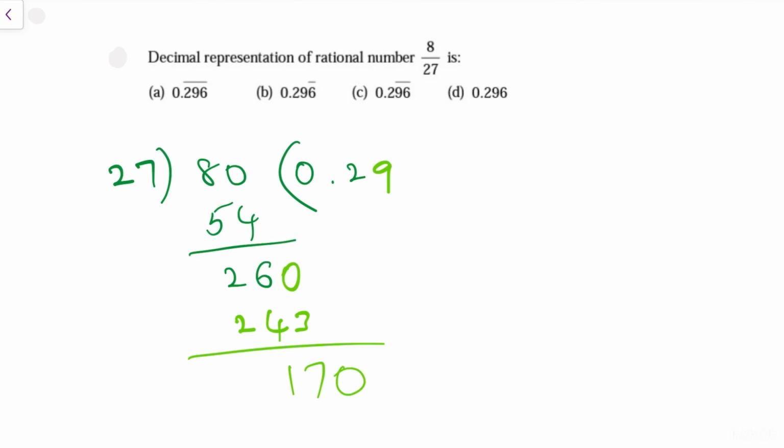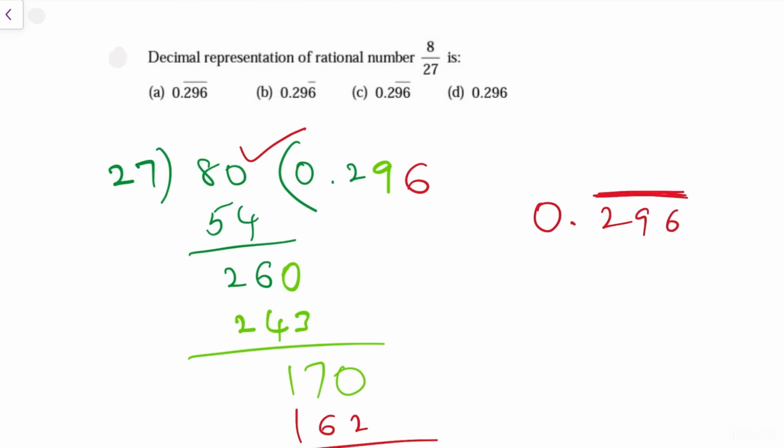Then if you observe the 27 table near 170, 27 6s are 162. 170 minus 162 is 8. 8 is nothing but our starting number. So I can say that 0.296, these 3 digits 296 will repeat continuously. So 0.296 whole bar. Option A is the correct option.